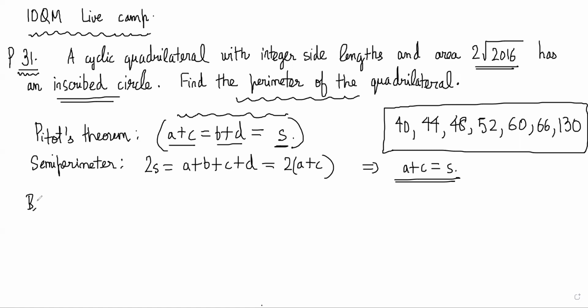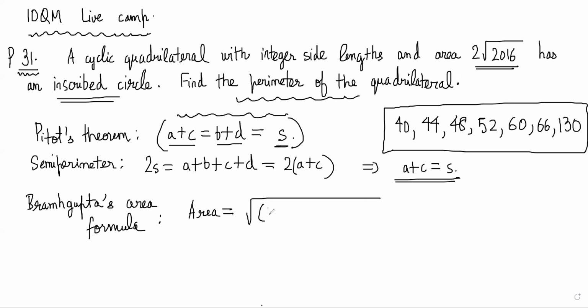And then we have Brahmagupta's formula for the area of a cyclic quadrilateral. The area is equal to the square root of S minus A, S minus B, S minus C, S minus D. And because S is A plus C or B plus D, you can say S is either one of those.